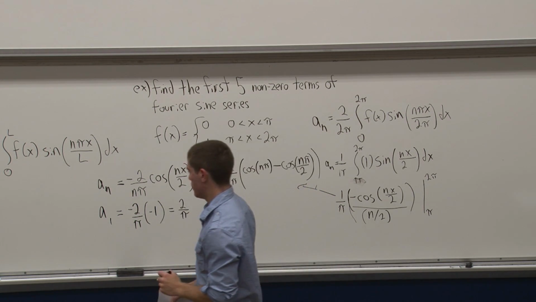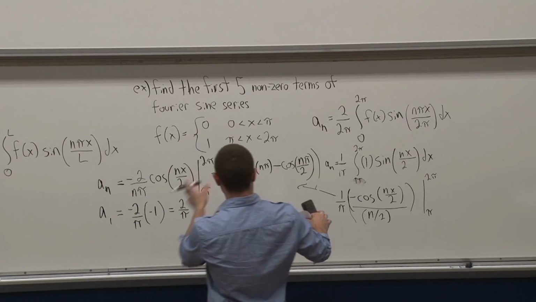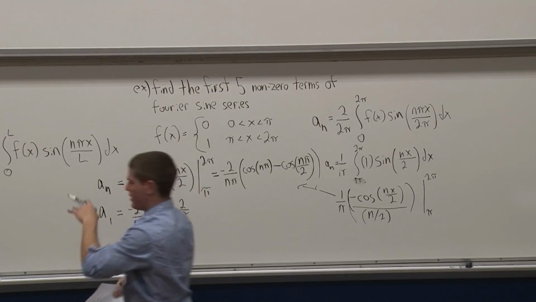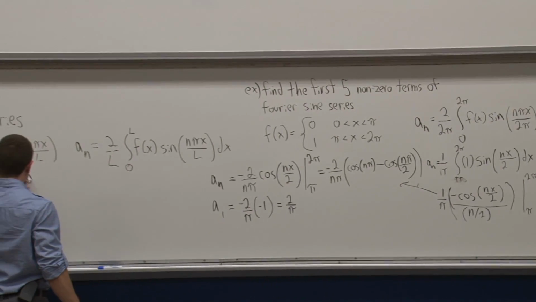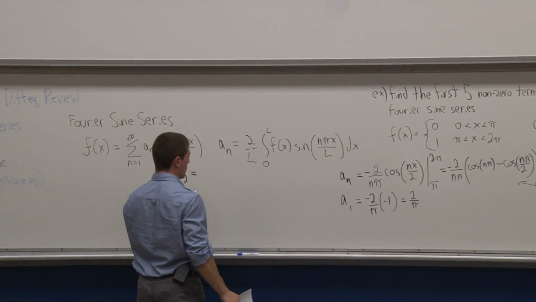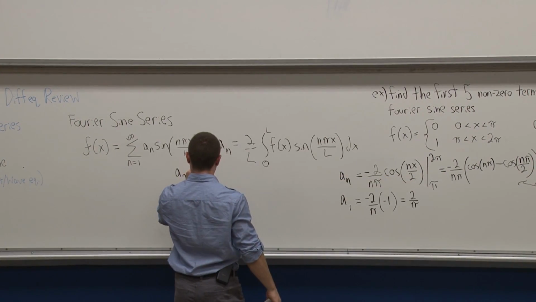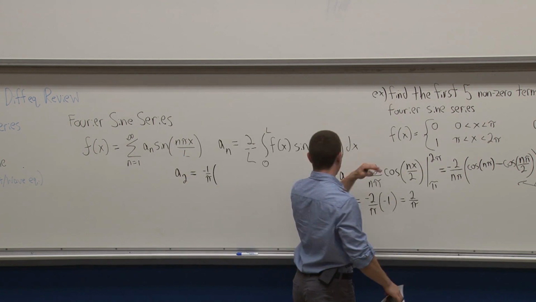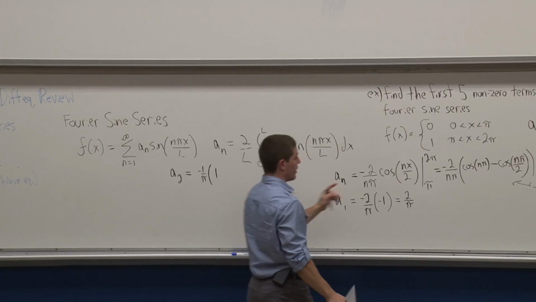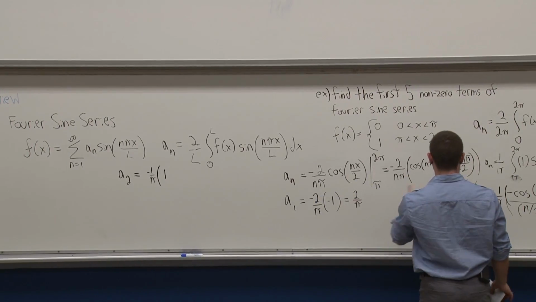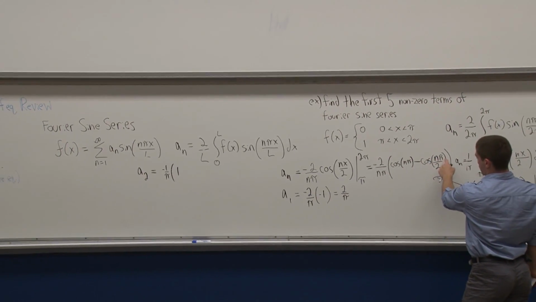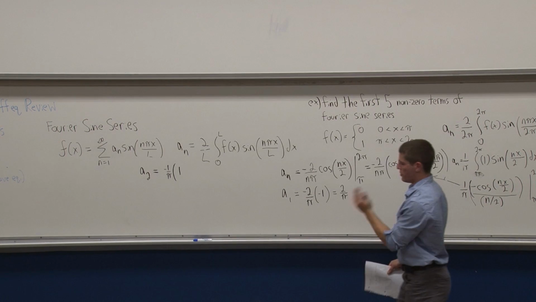A2 equals, if you put in 2 right here, you get negative 1 over pi times the cosine of 2 pi, which is just 1, minus the cosine of 2 over 2 pi, which is just pi, which would be negative 1.